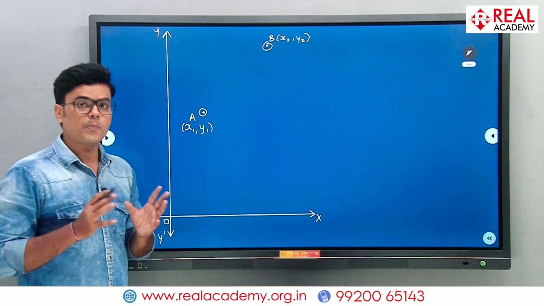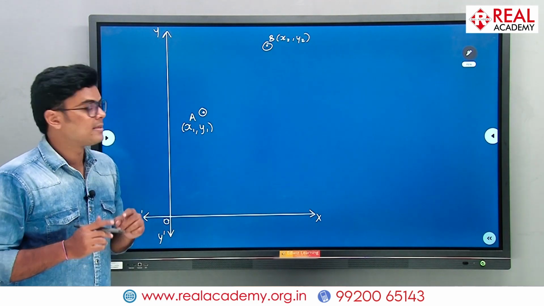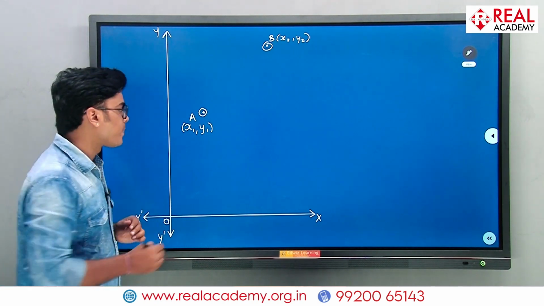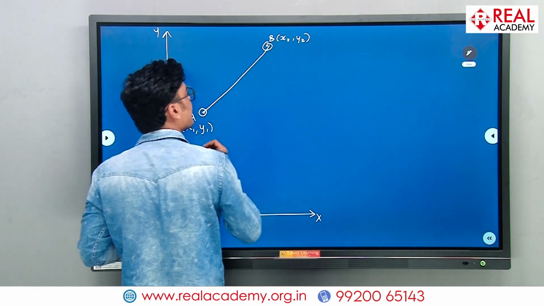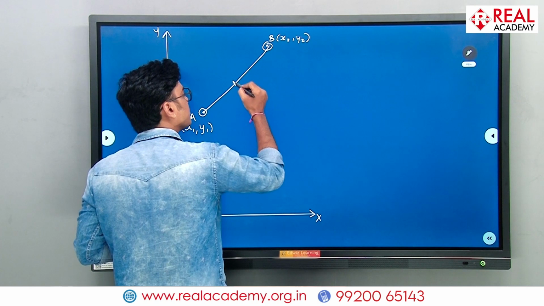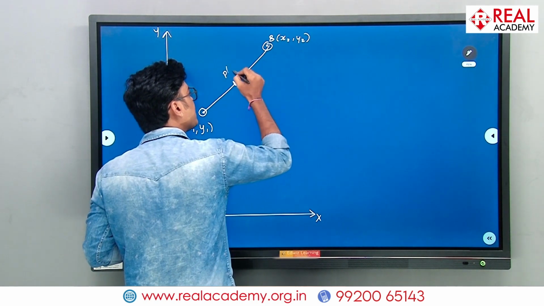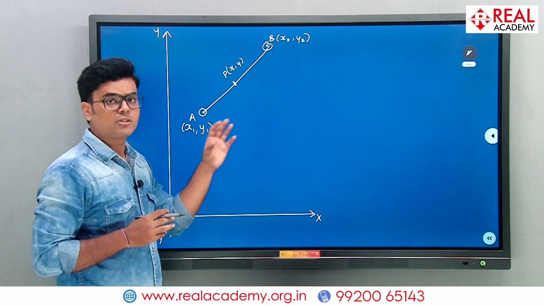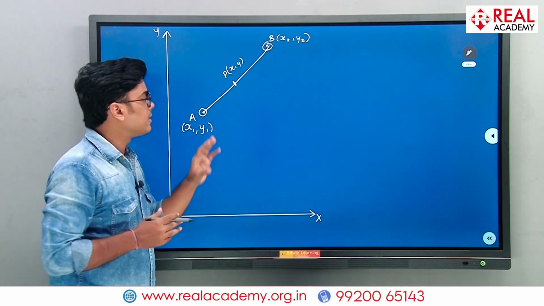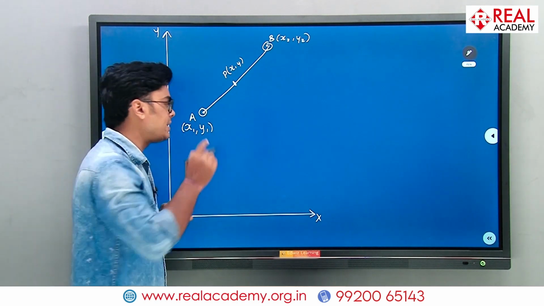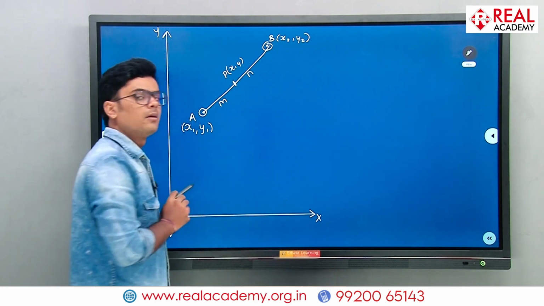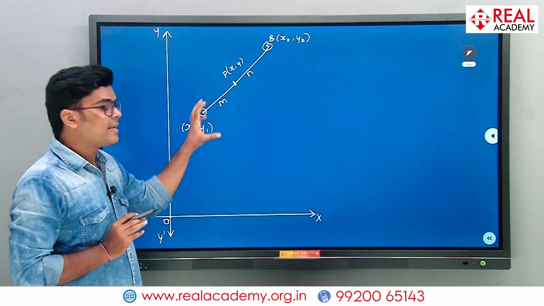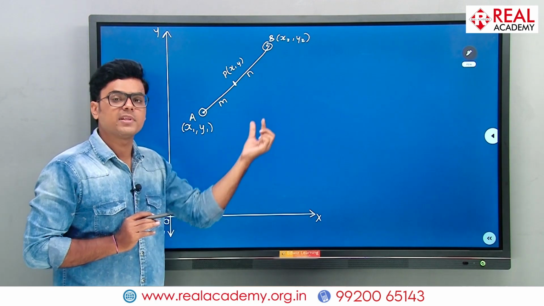Now we are discussing the purpose of section formula, correct? Section formula matlab kya hota hai? The point that will divide the line joining A and B. Suppose this is the point P, x, y, which will divide the line, make a section of this line in some particular ratio, let us say m:n, correct? It is dividing the line in a particular ratio m:n.